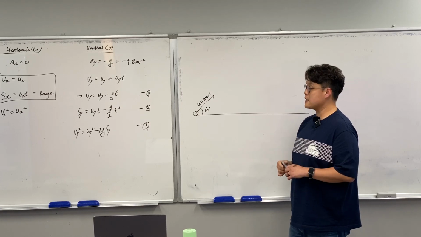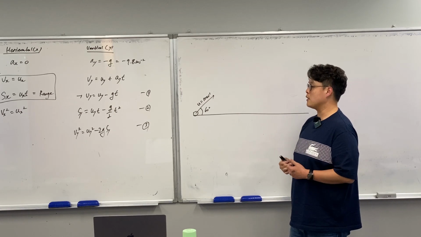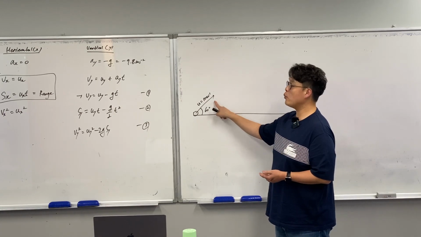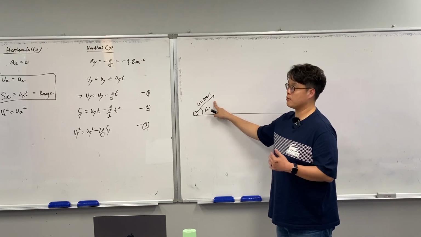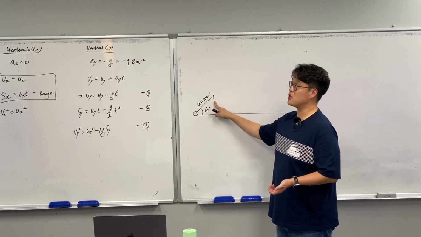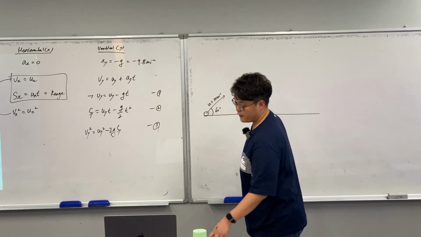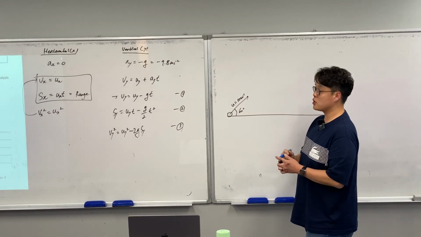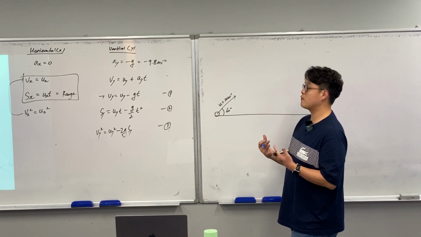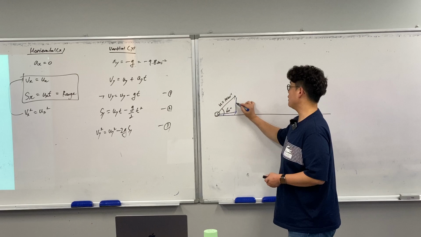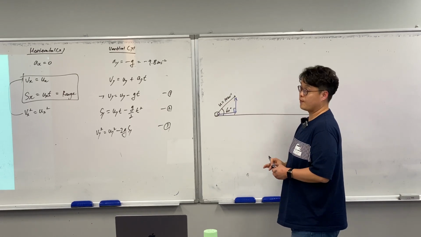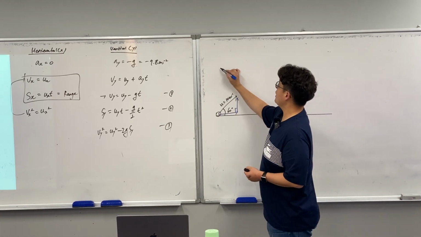This is something we have to learn from Year 11, Module 1 and 2 again. Whenever we're dealing with a diagonal vector, whether that is velocity, acceleration, or force, we are able to resolve it into two different components, x and y. Redrawing the vector diagram, it will look like this.